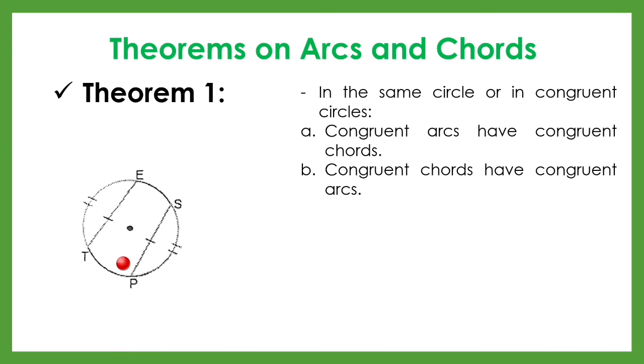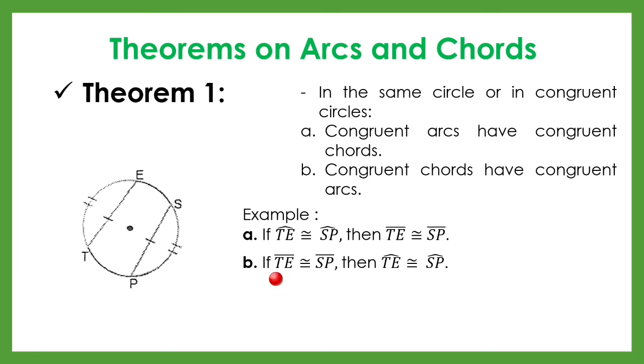For example, in this circle, what are the congruent arcs and congruent chords? So, if arc TE is congruent to arc SP, then line segment TE is congruent to line segment SP. So, this is our arc TE. Kung congruent tong arc TE sa arc SP, then yung line segment TE ay congruent sa line segment SP by Theorem 1.